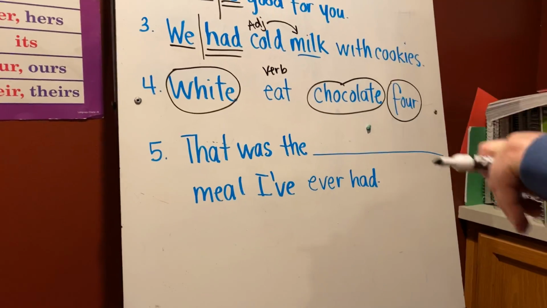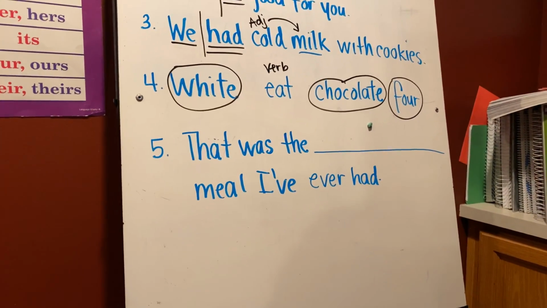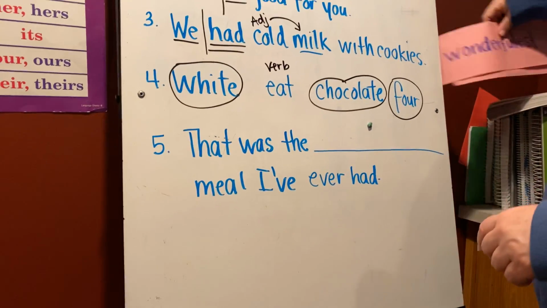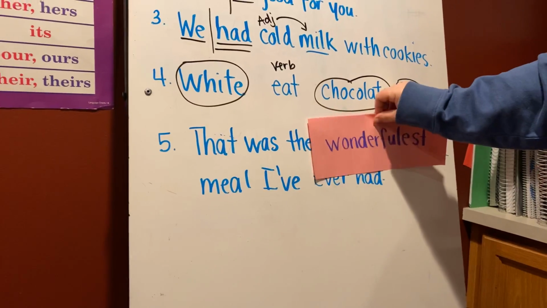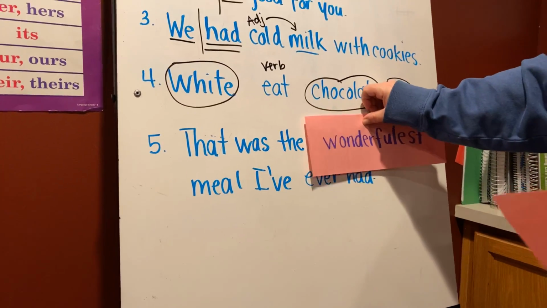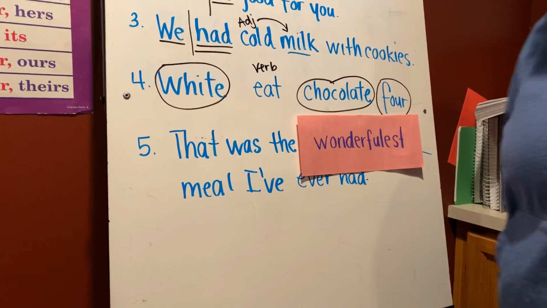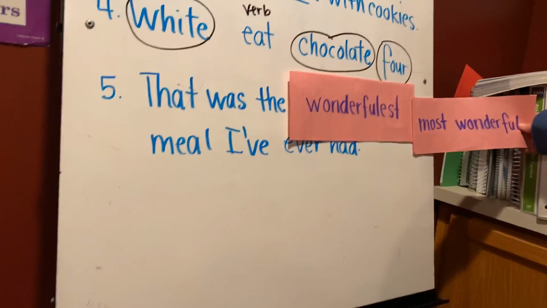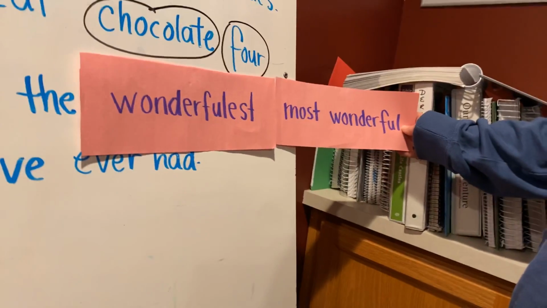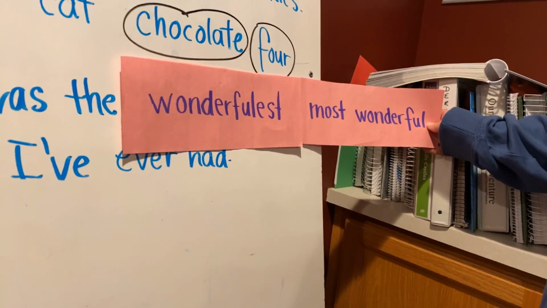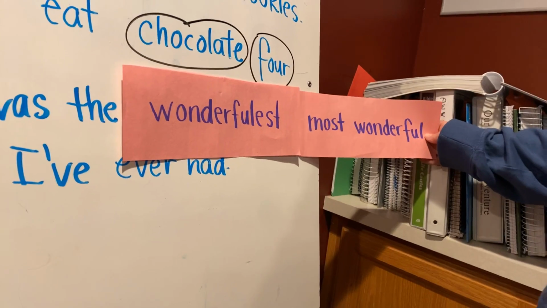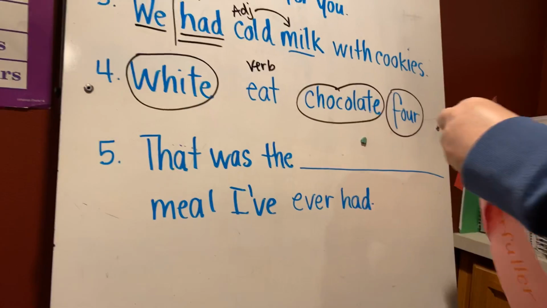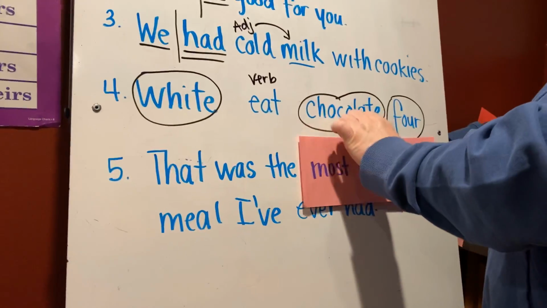Okay, now number 5, final one for the day. That was the blank meal I've ever eaten. These are our 2 choices. That was the wonderfulest meal I've ever eaten, or that was the most wonderful meal I've ever eaten. Say it out loud. Which one is correct? The correct one is most wonderful.